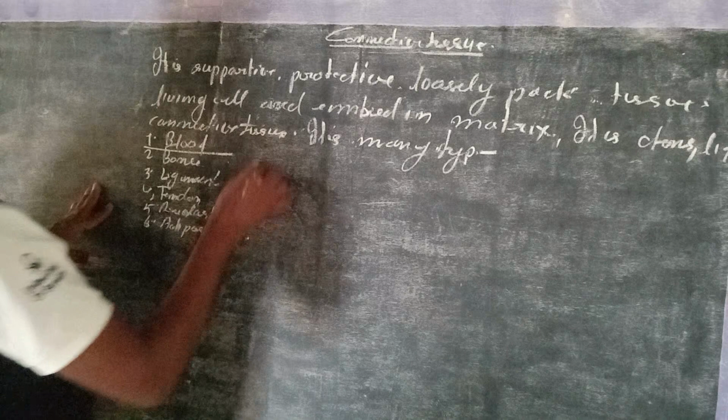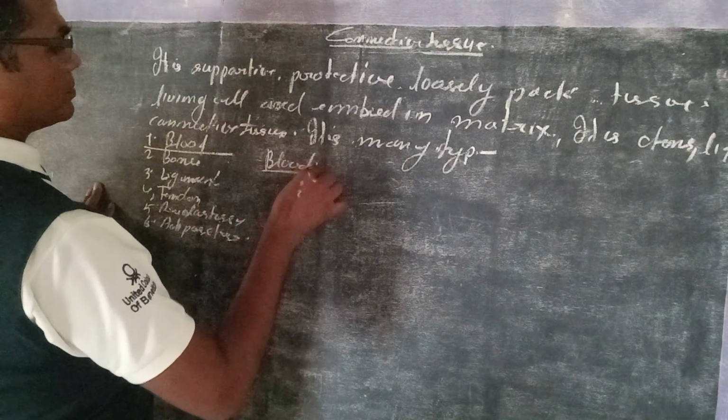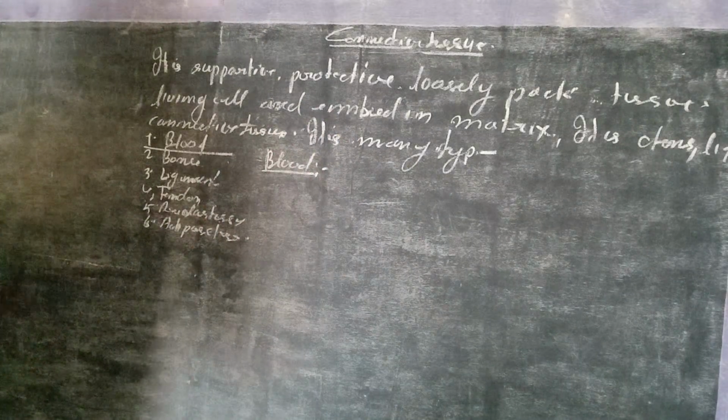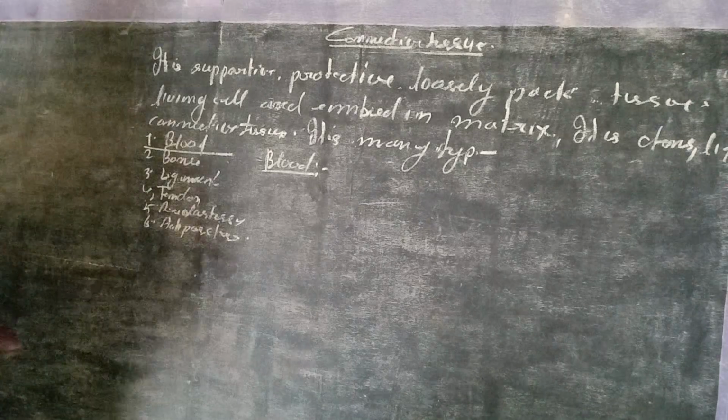Here is the blood. How will we describe the blood? Blood is a fluid or liquid connective tissue.